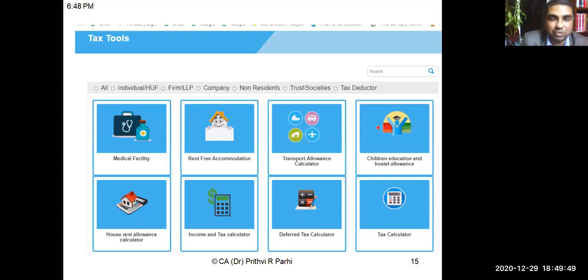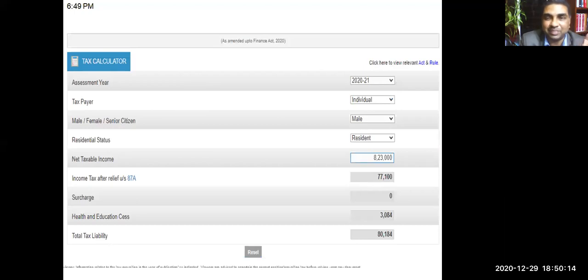And in the previous class I also showed you various tax tools which are available on the income tax department website. You see tax calculators are there, deferred tax calculators, medical facilities, so many calculators. I was insisting that you please visit the department's website and make yourself familiar with these calculators so that if some small case is there, you can use the calculator and arrive at the answer.